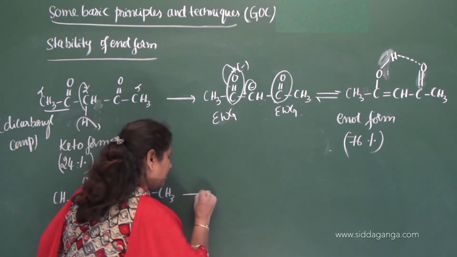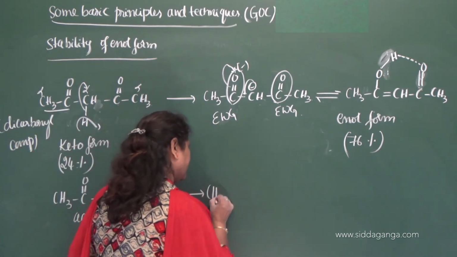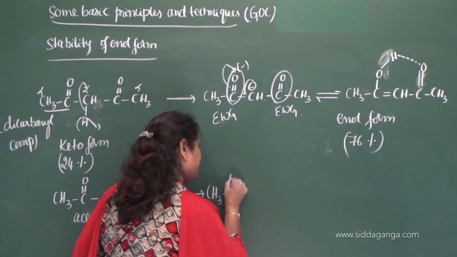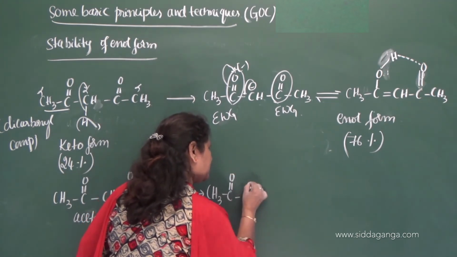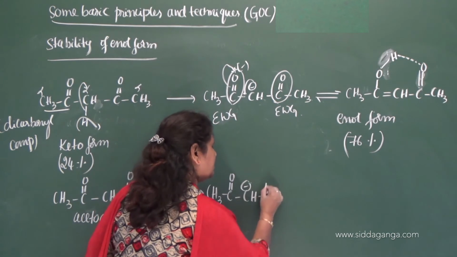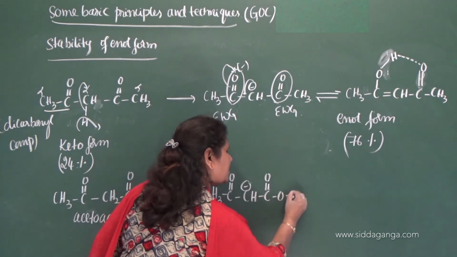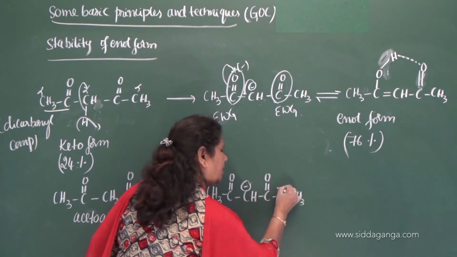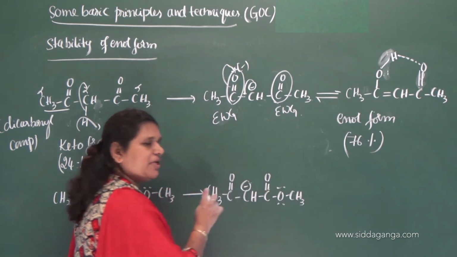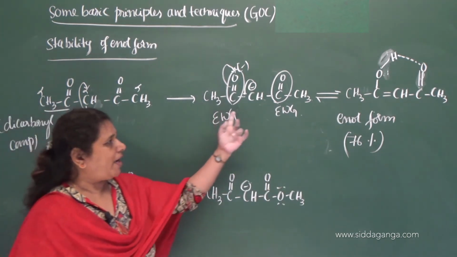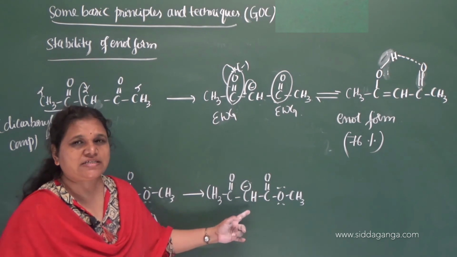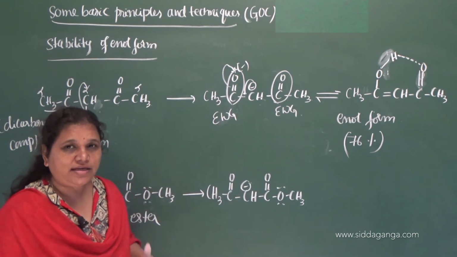Now here also we will get an intermediate like this, CH3 C double bond O, CH with a negative charge, C double bond O, OCH3. So look here, the stability of this anion compared to this is less. Why is it less?